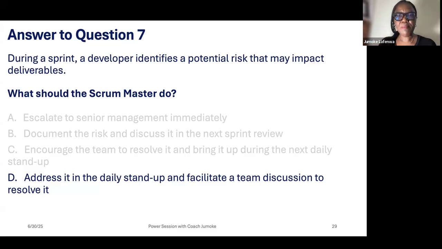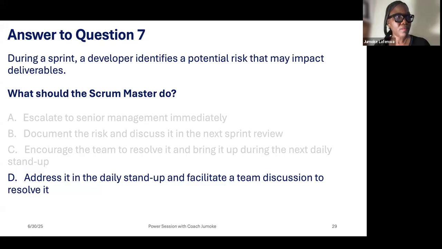So remember, what should the Scrum Master do? You facilitate the ceremonies. You are facilitating the stand-up meeting, so you facilitate a team discussion. If A is talking about it and he can't do it, someone within the team, you have to check who can do this. Oh, I can do it, I can do it.